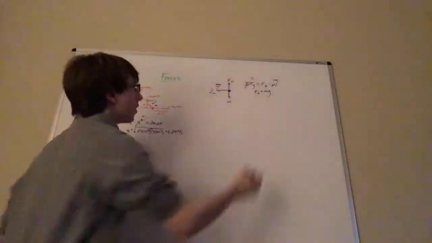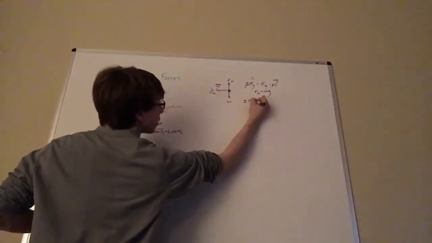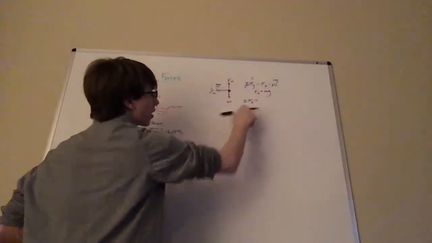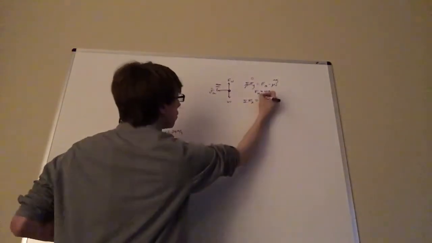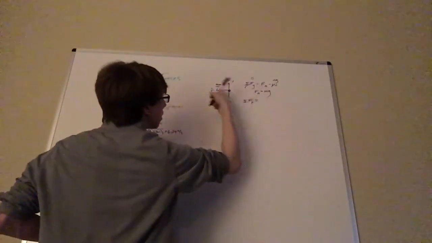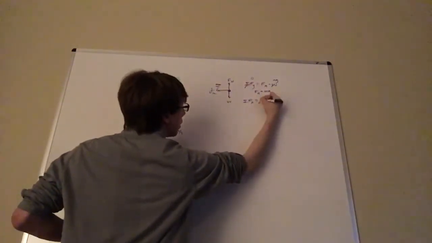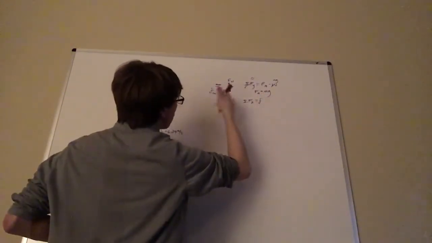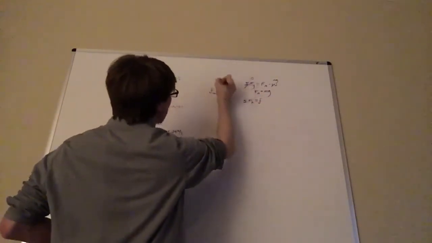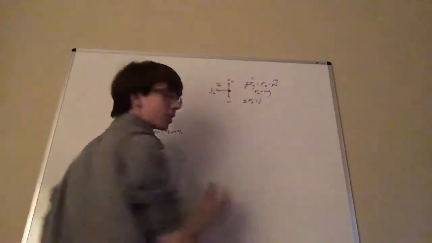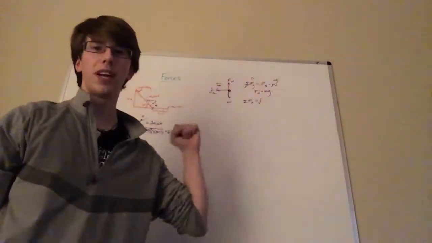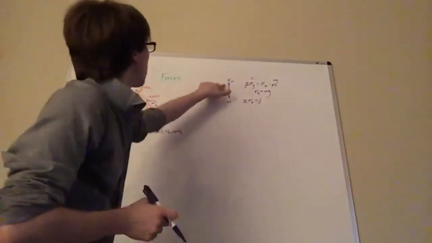With this, we can do our sum of x forces, and we find that the sum of x forces is equal to just the coefficient, well, the direction of positive acceleration, but it's the negative direction because it's moving in the opposite direction.